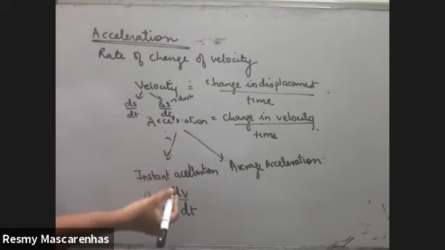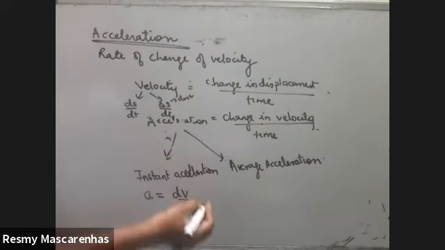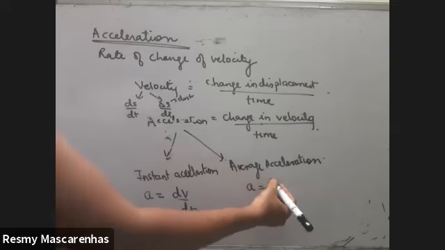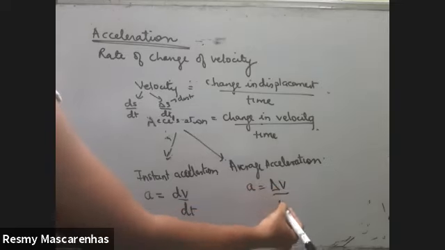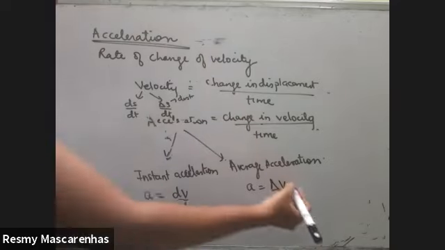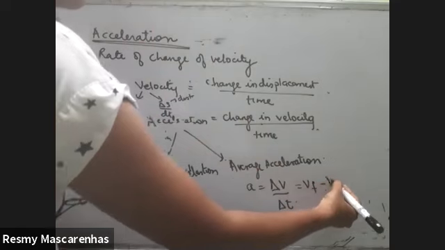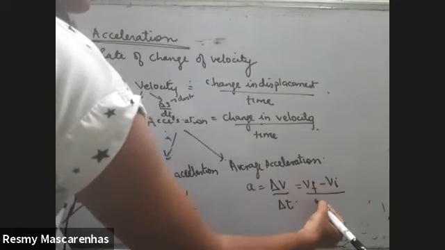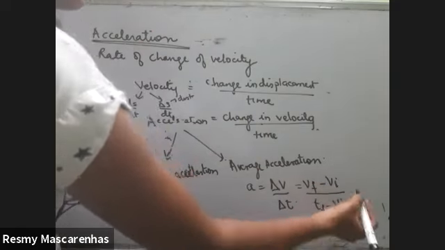So this is the formula for instant acceleration, and this one will be for average. So in terms of time, it will be V final minus V initial upon t final minus t initial.